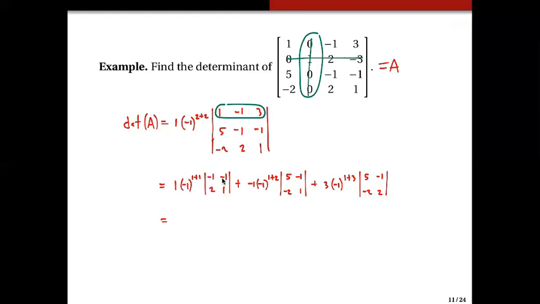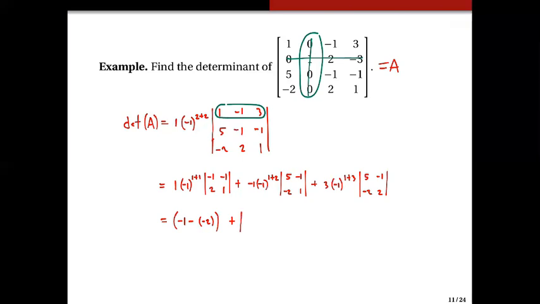So this guy here will just have negative 1 minus 2 times negative 1, that's negative 2, okay, plus. Here you have negative 1 times negative 1 raised to 1 plus 2. This is positive 1 altogether here.